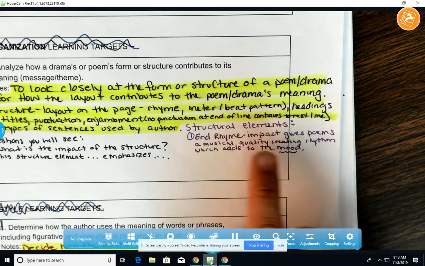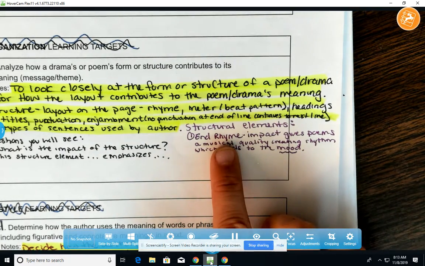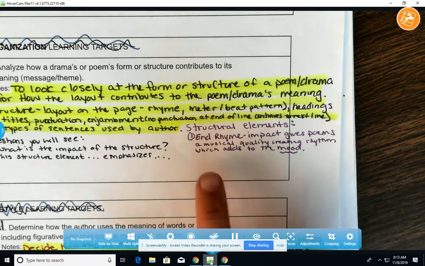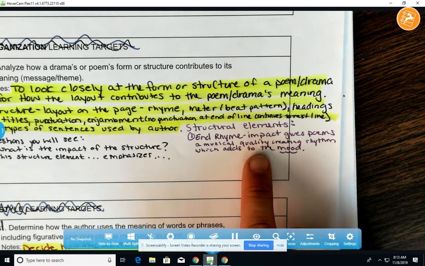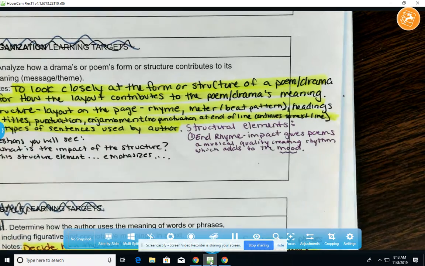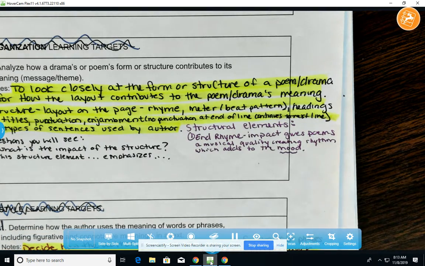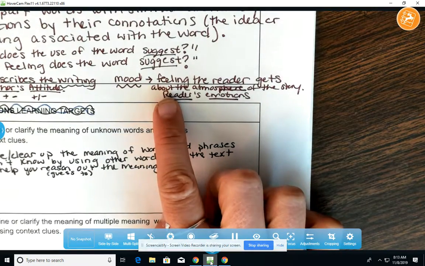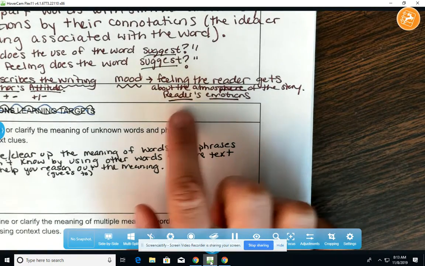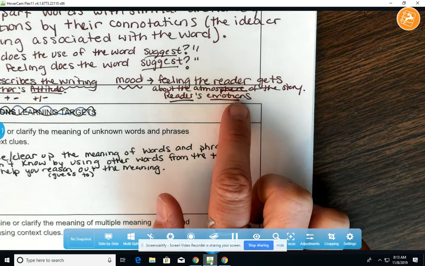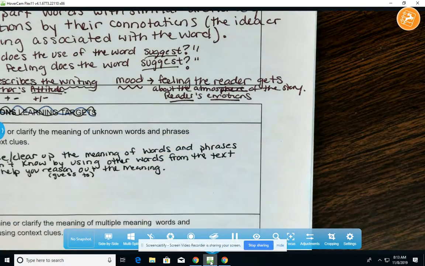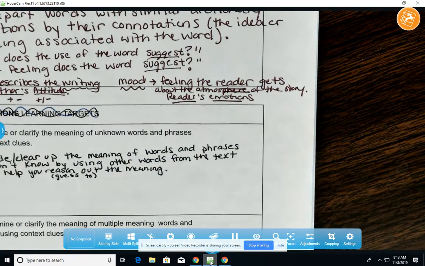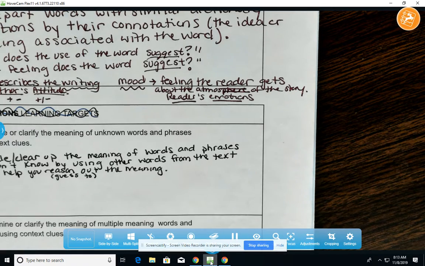End rhyme impacts the poem by giving it a musical quality. It creates a rhythm, and that rhythm is going to add to the mood of the poem. Remember, when we talk about mood, we're saying that the mood is the feeling the reader, the person who's reading it, gets. It's your emotions as the reader about the atmosphere of the story. Emotions are usually put into words with some sort of a feeling word.